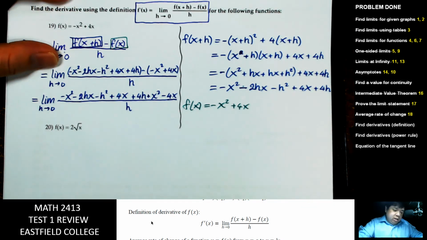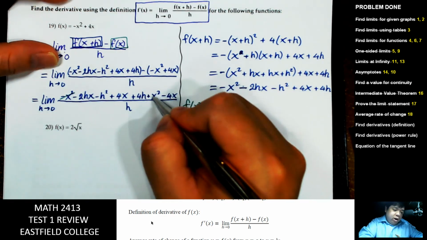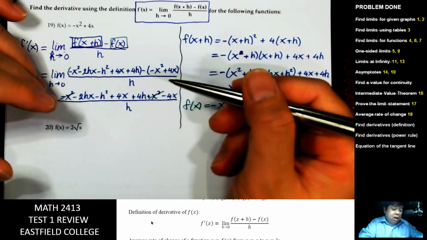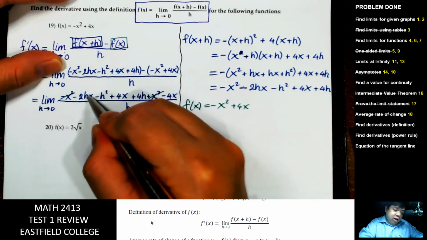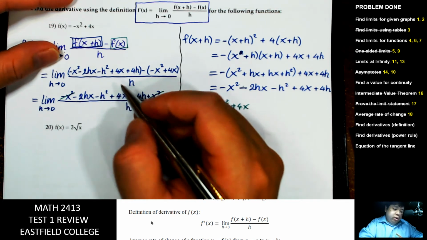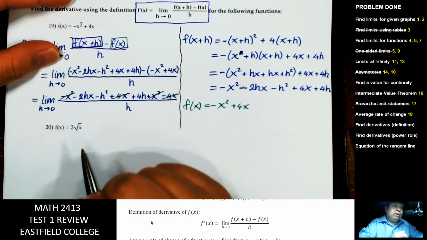Now what we see is this x squared and x squared cancel out, because usually everything that doesn't have an h gets cancelled out. So those two will stay because they have h. The 4x doesn't.